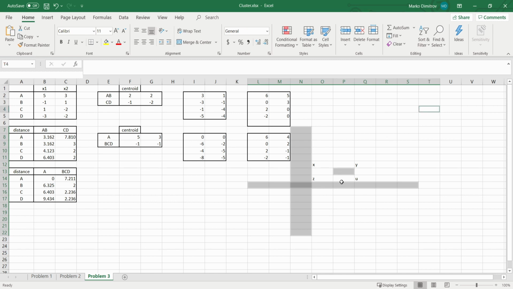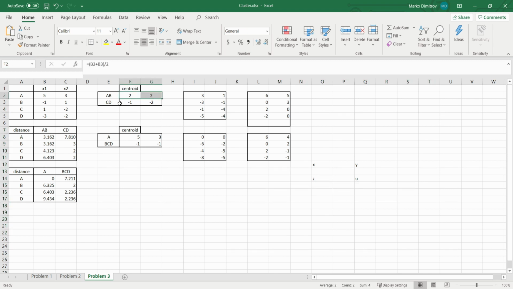Naturally, this element here would be the centroid, the average of the coordinates. In that way we created this. So those are our clusters, and those are the coordinates of the centroids: 2, 2, and -1, 2. So step 1 is finished.